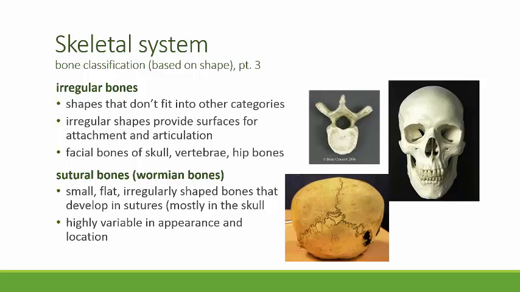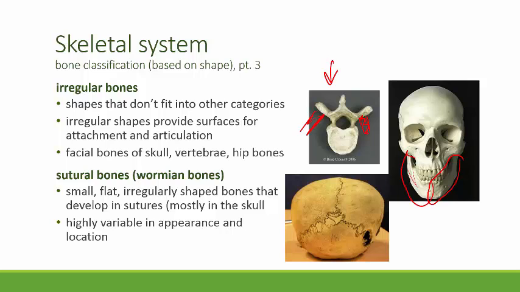So these odd shapes, let's say, that we associate with the vertebra, this provides a location for muscles to attach so that we can get lots of movement out of the joints around the vertebra.